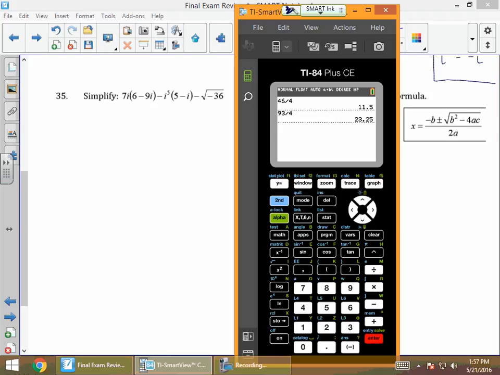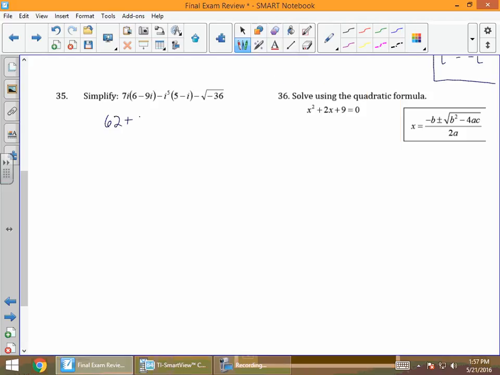So let's see what happens if we just type this right into the calculator. 7i, parentheses, 6 minus 9i, minus i raised to the 5th, parentheses 5 minus i, minus the square root of -36. 62 plus 31i.